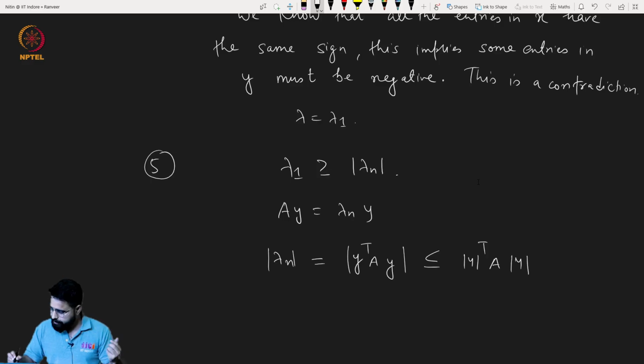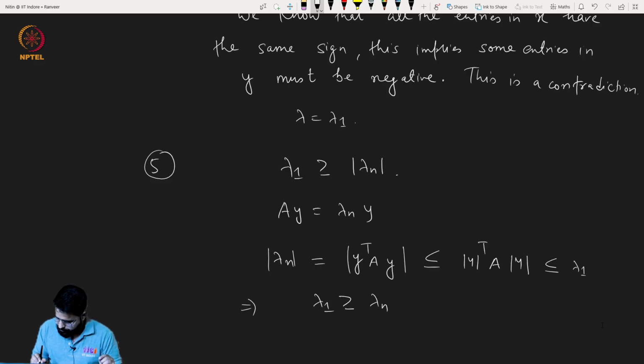Now this quantity is always greater or equal to lambda 1, because we have seen that, assuming all these vectors are unit vectors, so nothing changes here. Is this all done? I think yes, this is done. So this implies lambda 1 is always greater or equal to this number. So that means lambda 1 has the highest modulus, the highest absolute value.